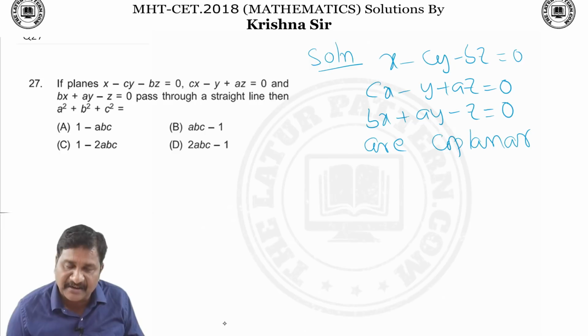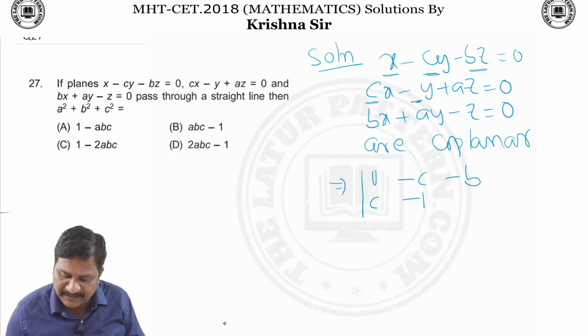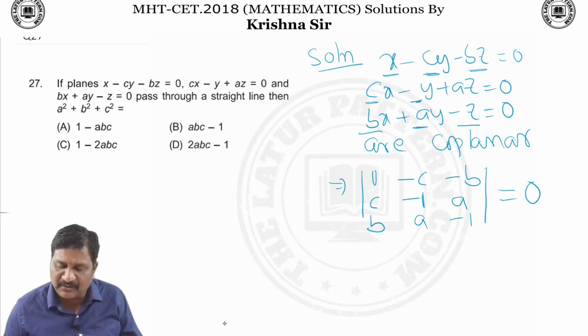Now the coplanar condition is that the determinant of the coefficients, where in the first plane x coefficient is 1, y coefficient is minus c and z coefficient is minus b, and in the second plane, x coefficient is c, y coefficient is minus 1 and z coefficient is a, and in the third plane, x coefficient is b, y coefficient is a and z coefficient is minus 1, whose determinant value is equal to 0.